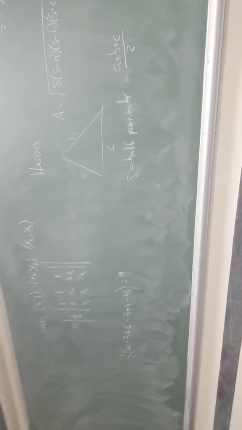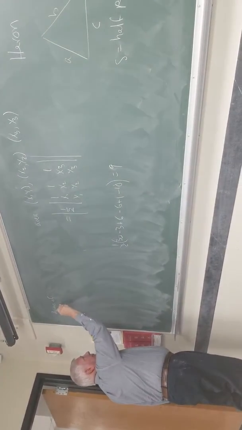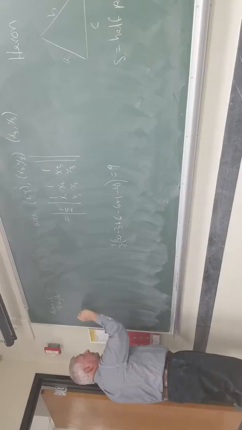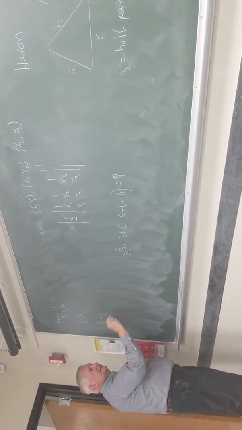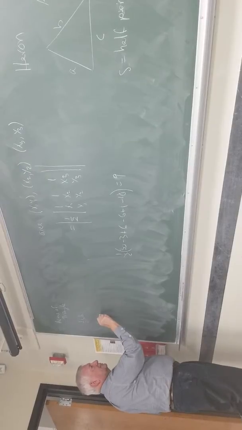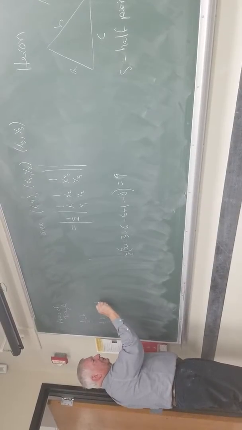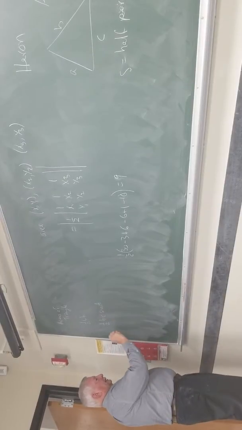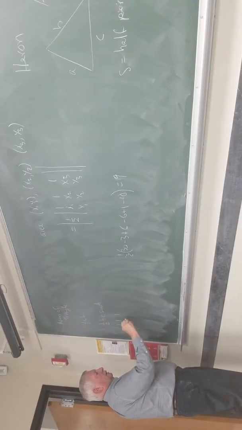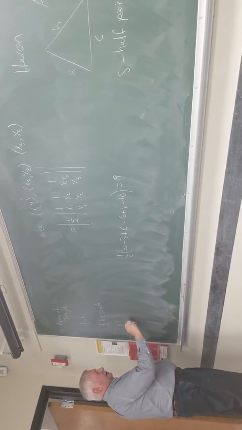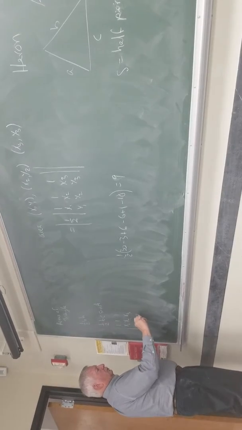Okay. Areas of triangle. Okay. 1/2 base times height. 1/2 times the product of two sides times the sine of the included angle. Then we had 1, 1, 1, x1, y1, x1, x2, x3, y1, y2, y3.